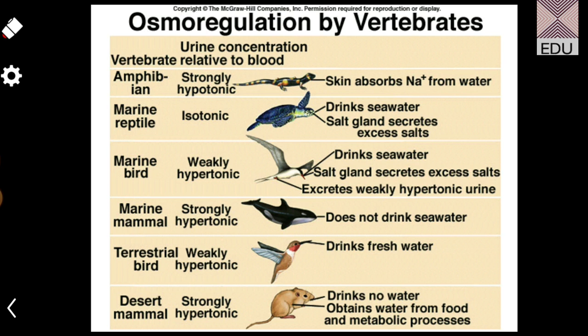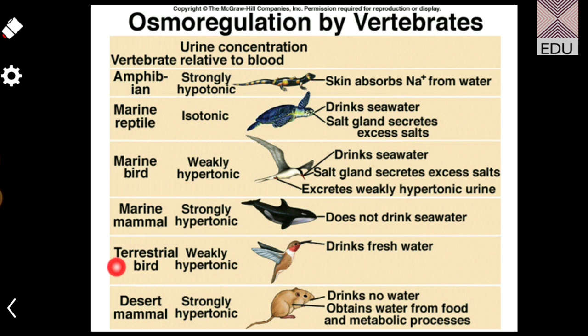So they excrete excess of the salts, and they retain some of the water. If you go by marine mammals, they give out strongly hypertonic urine. They do not drink any seawater.